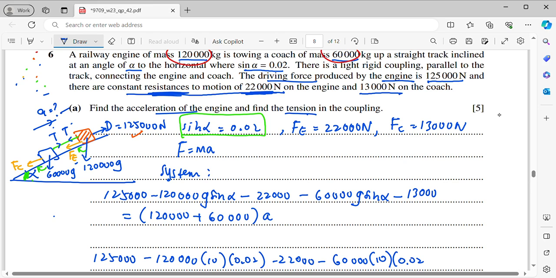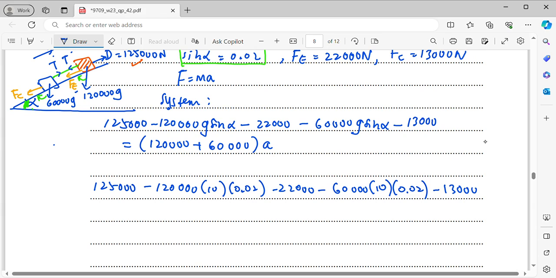Again 0.02. Then minus 13,000. Okay. Then right hand side, 120,000 plus 60,000, you will get 180,000 A. So for the left hand side, when you calculate all these terms, it will be 54,000. Then equals to 180,000 A.